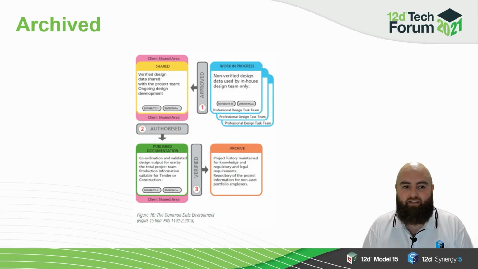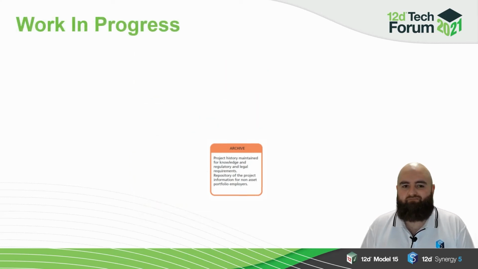And finally, we then have archived. So essentially, this is where information is moved for future purpose, such as asset management, maintenance, and to be referred to for future developments and extensions. An example might be we've archived this information and we'll refer back to it for stage 2 and 3 of a subdivision maybe, or future development, a widening of a road.